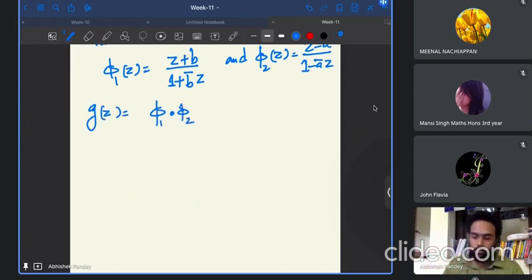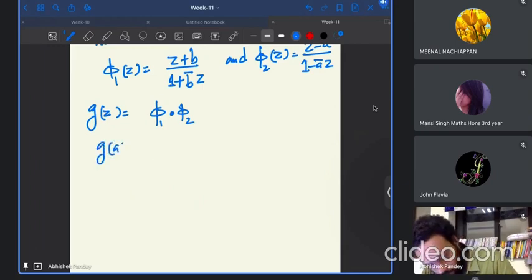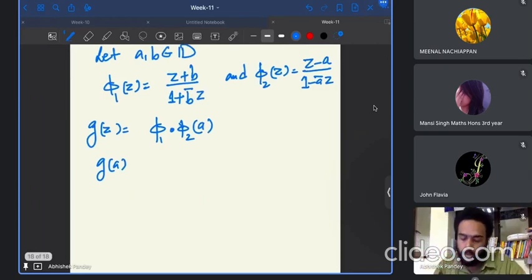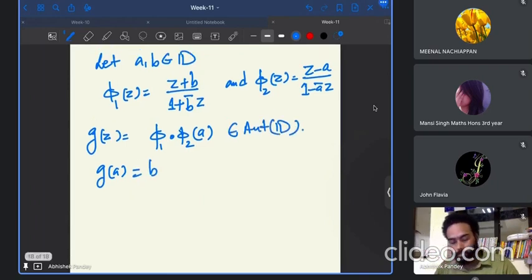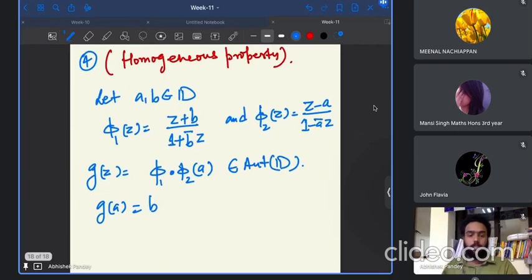Since phi 1 and phi 2 are automorphisms, g is also an automorphism. Now we have to calculate g of a. So phi 2 of a is 0 and phi 1 of 0 is b, so this is b. So g also belongs to the automorphism group of D. So we have constructed a function g which sends a to b. So fourth one is also true.